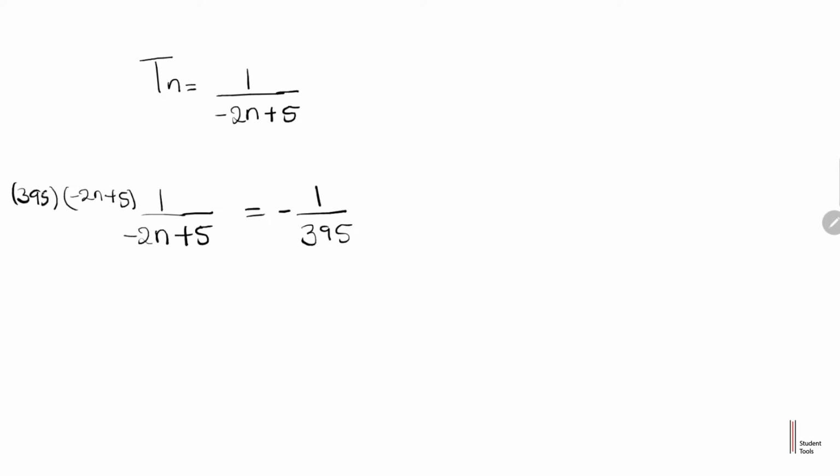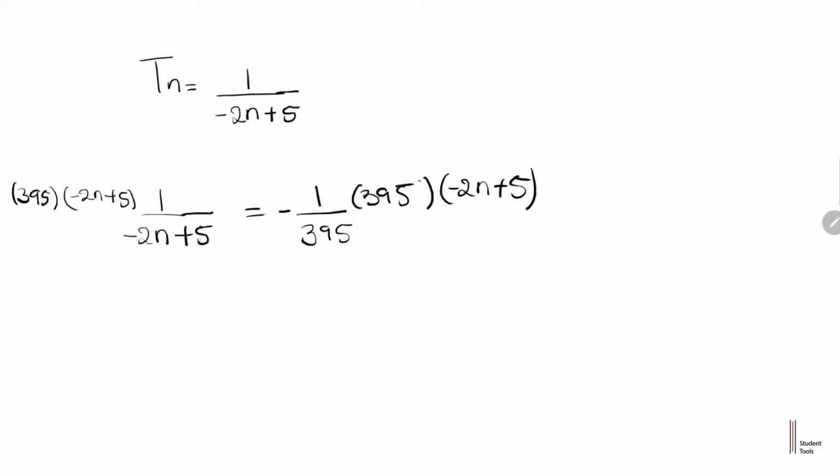We want to get rid of the fractions, or the denominators, I mean. So we do that on the left hand side, we also have to do it on the right hand side as well. So we multiply with a 395 and a minus 2n plus 5.